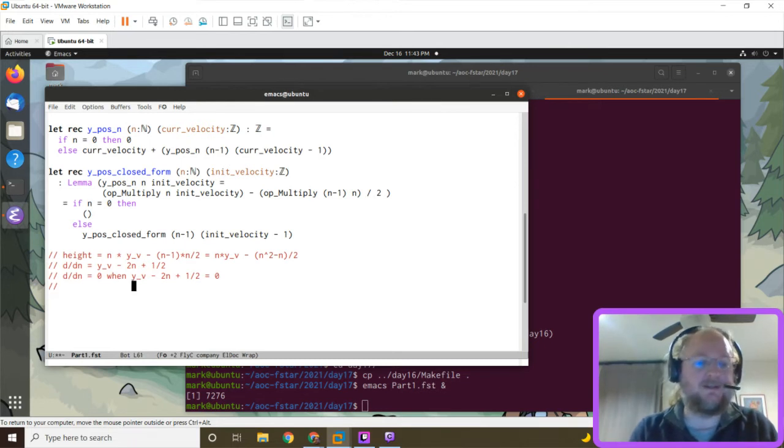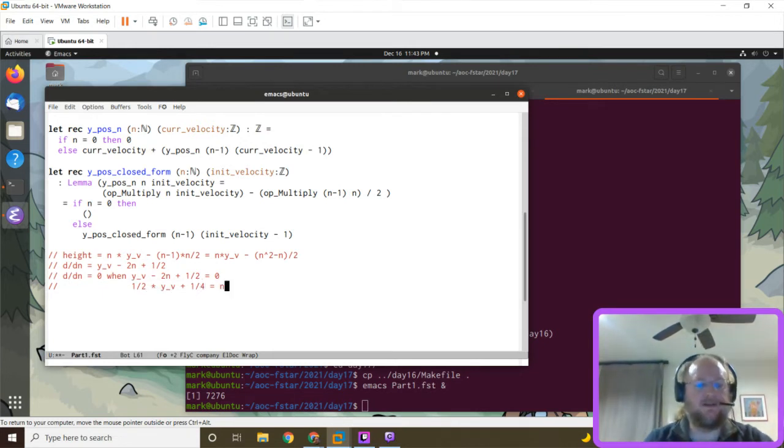So the high point comes at n equals... is that true? So the integers on either side of those are the maximum height.